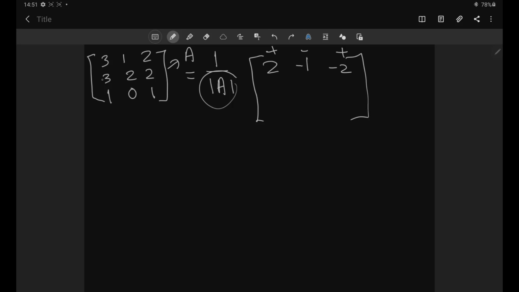And then second row and then the second column. 3 times 1, 3, minus 2, we can get 1.